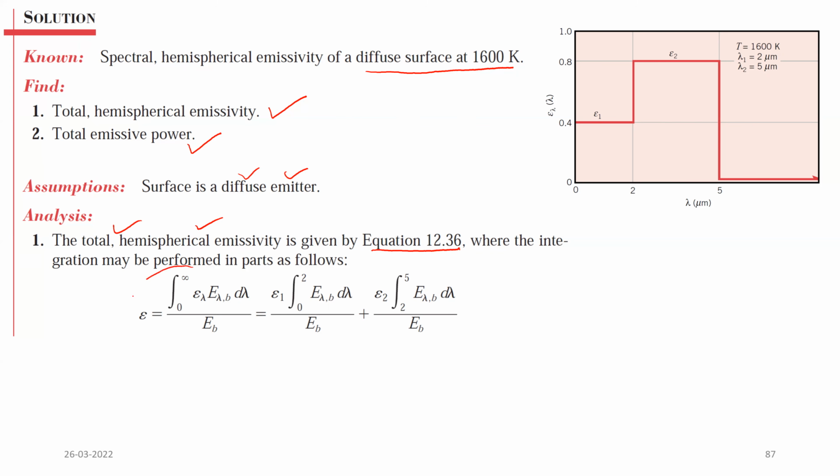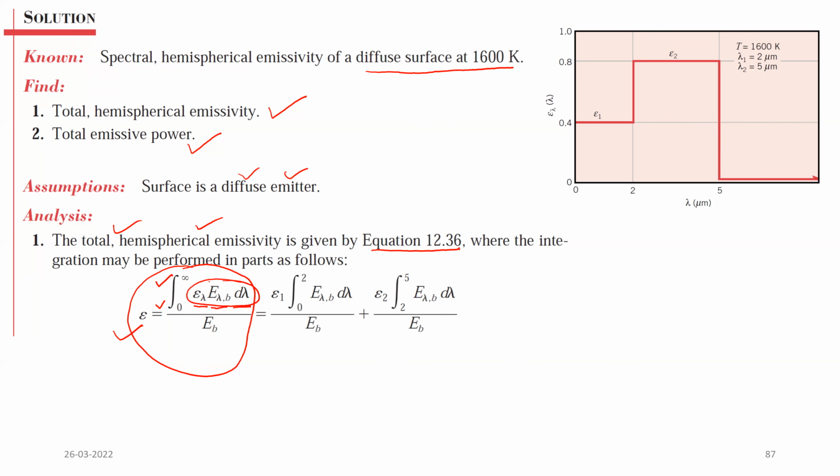It is nothing but this equation. This is equation 12.36, where emissivity is given by the integral of epsilon lambda, E lambda b, d lambda, integrated over the total wavelength range from 0 to infinity. This will give us the emission from a real surface.